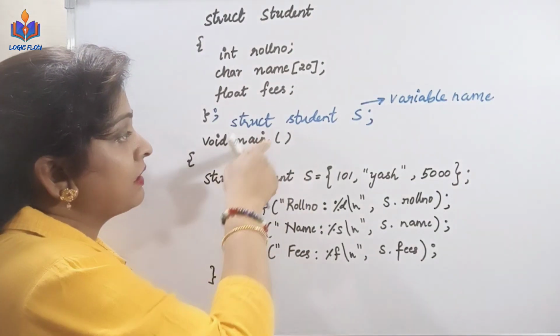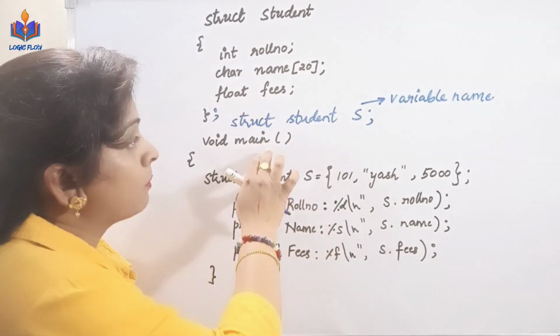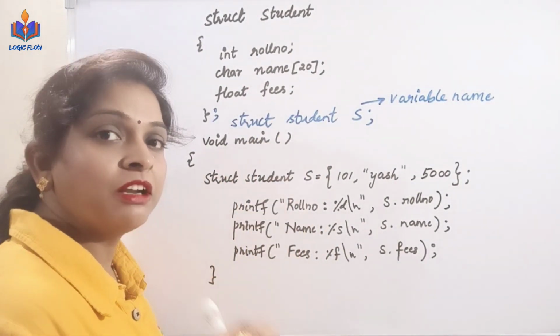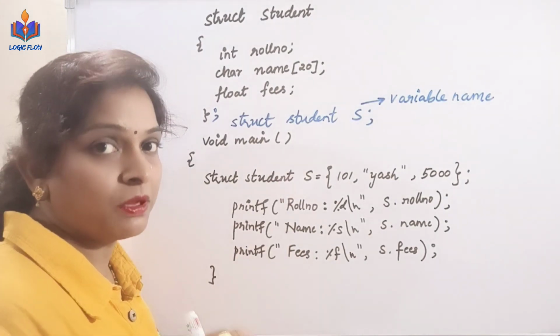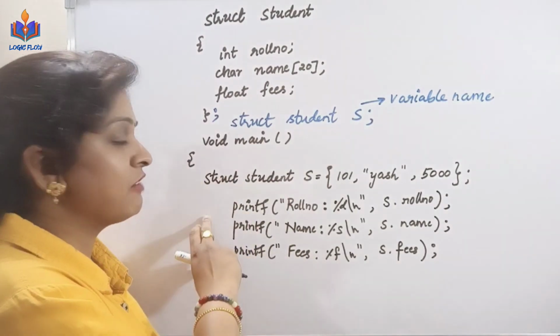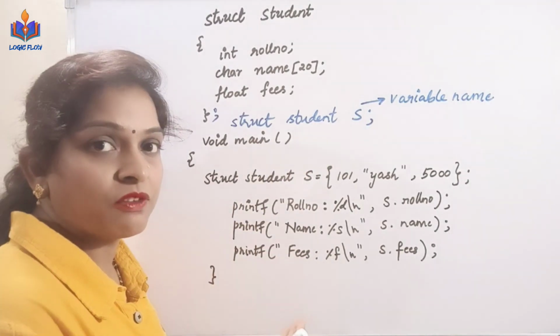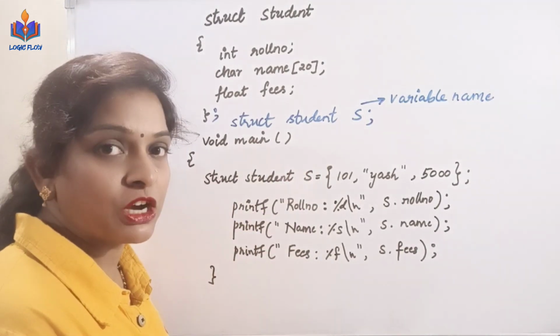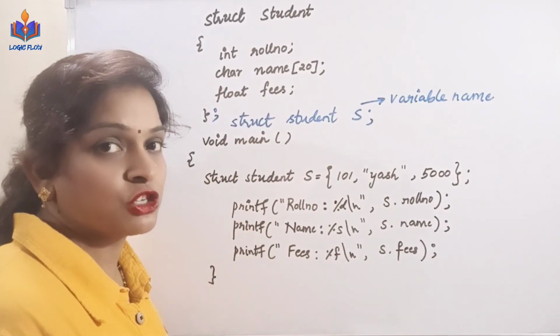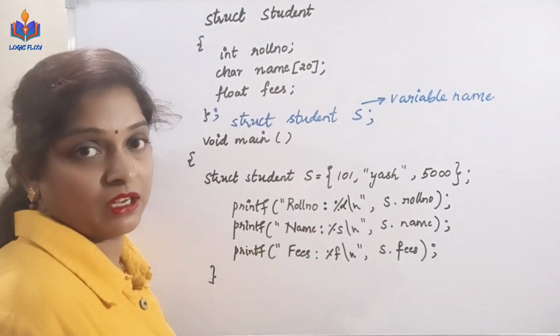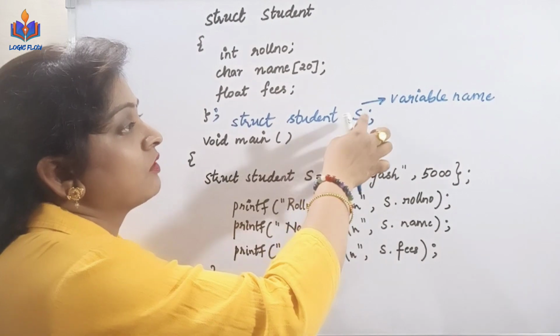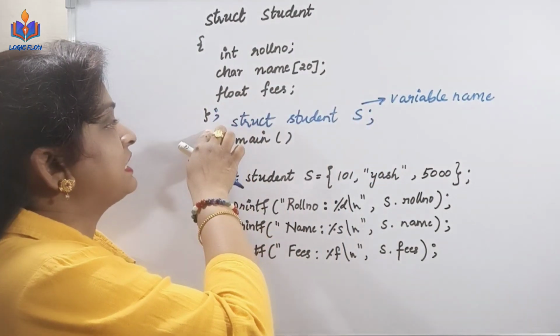When I declare the structure variable before the main, it will be treated as a global variable that can be accessed in the main function as well as in all the sub-functions. If this program has say two to three sub-functions, even in those sub-functions I can access this structure variable. So this variable declaration can be easily done here also.